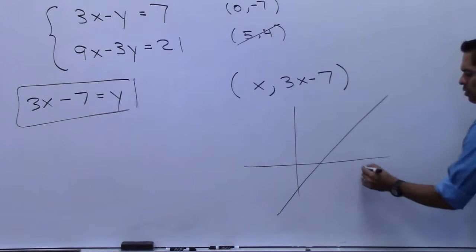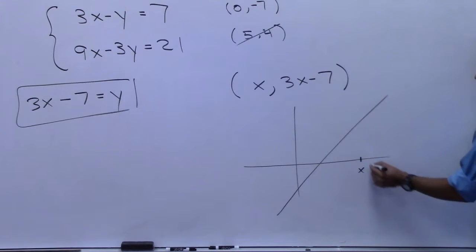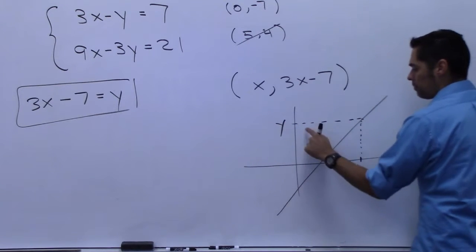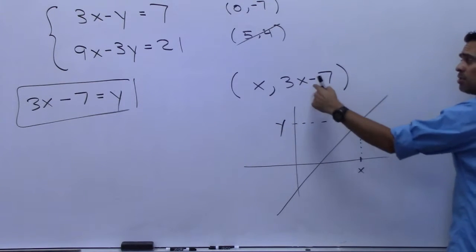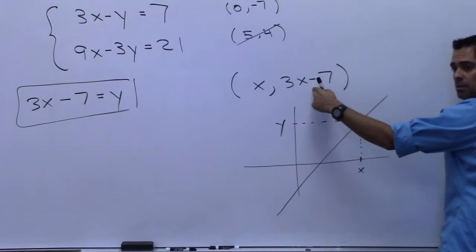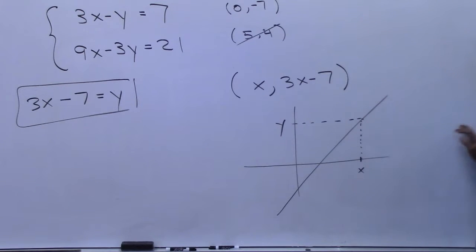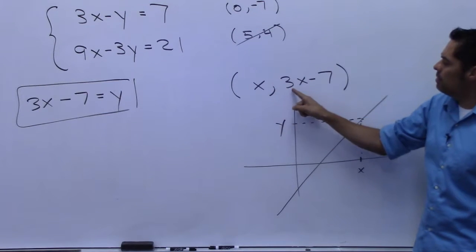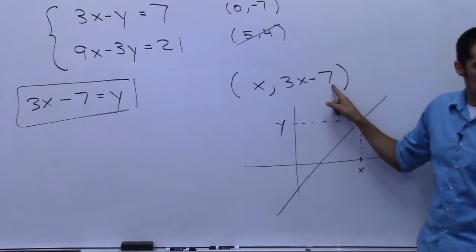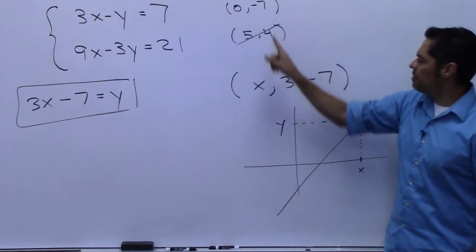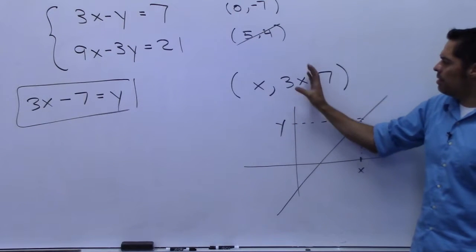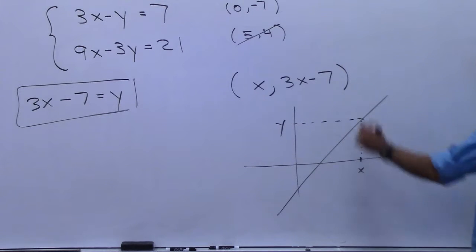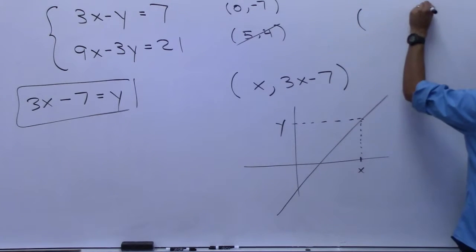I'm saying that if you pick an x coordinate, I guarantee you that the y coordinate has to lie on the line, which means it has to follow the equation. You can check my 3 and my 2. Does it work here? 3 and 2 worked. 0, negative 7. 0 here, 0 here, kills it off, negative 7. Can someone quickly give me another point?